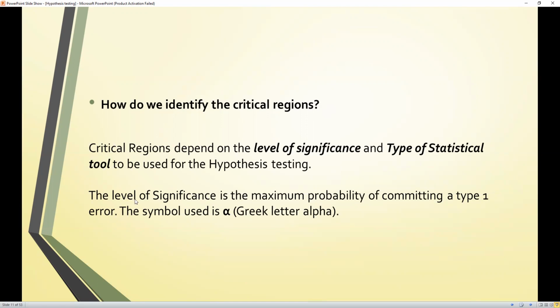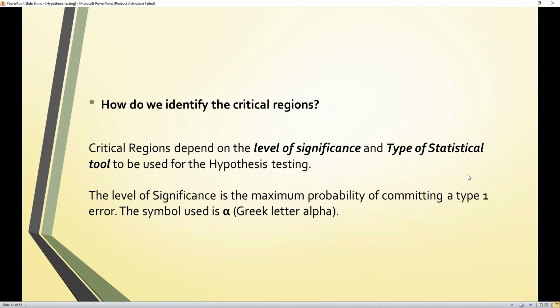So for now, let's define what the level of significance is. It is the maximum probability of committing a type 1 error. So we use the symbol alpha, or the Greek letter alpha. So what does it mean? The level of significance is the maximum probability of committing a type 1 error. That means this is the small chance that we might commit a type 1 error.